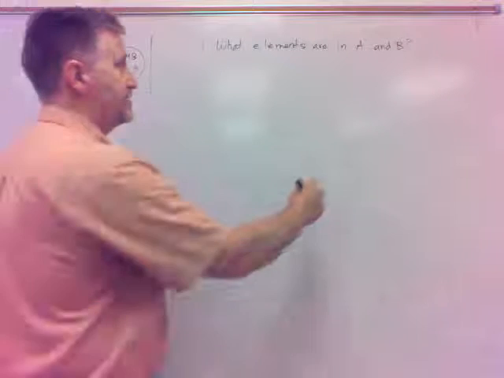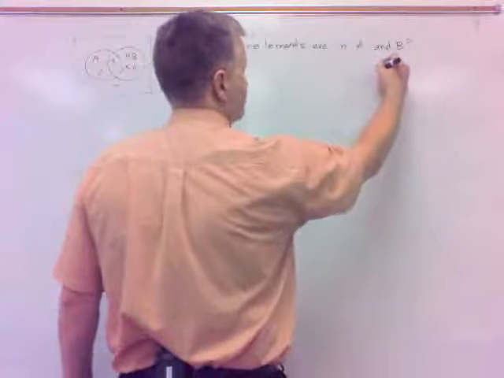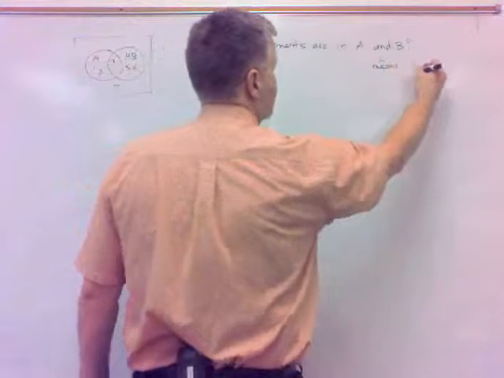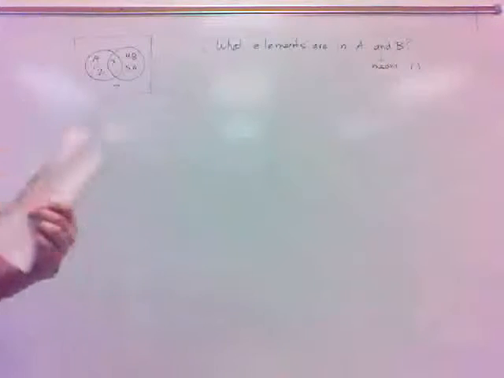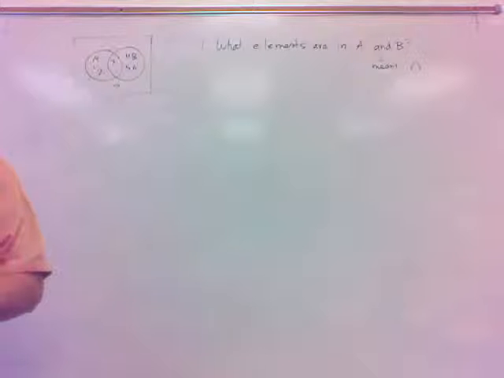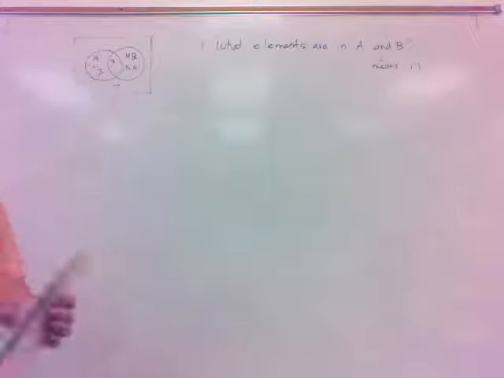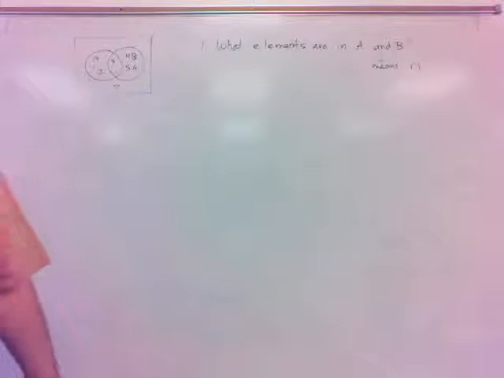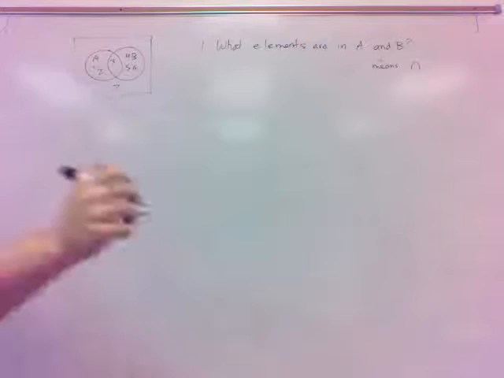And means the intersection. In other words, I'm asking what elements happen to be in both A and in B, what's in the intersection. There's only one element in the intersection, and that would be element 3.